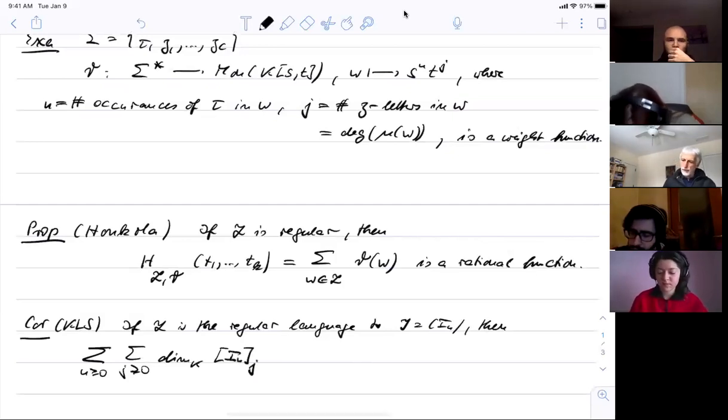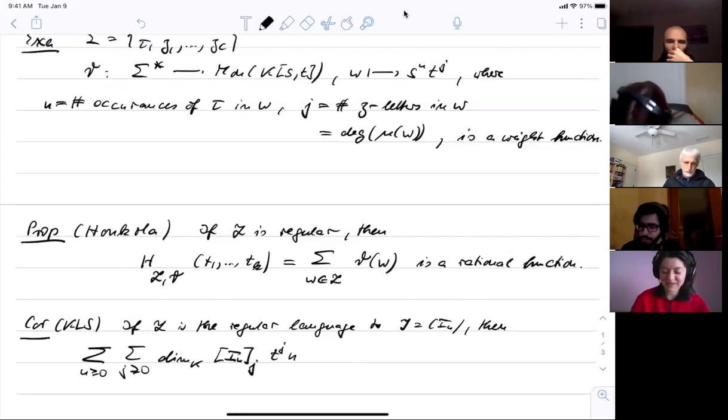You look for the monomials of degree j, count them, multiply by t to the j times s to the n.